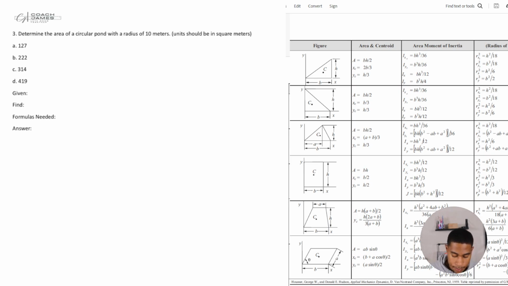Let's go to number 3. Determine the area of a circular pond with a radius of 10 meters. Unit should be in square meters. Okay, circular pond. We are given that it's circular, we're given the radius, and we're trying to find the area. So the formula is needed.